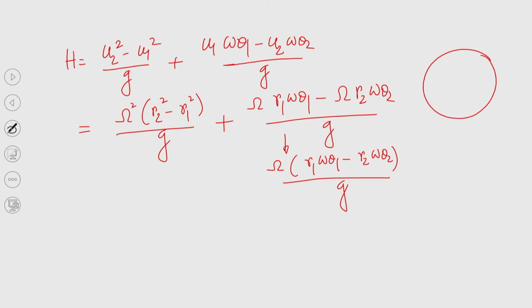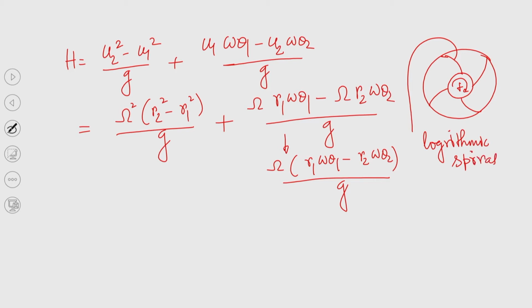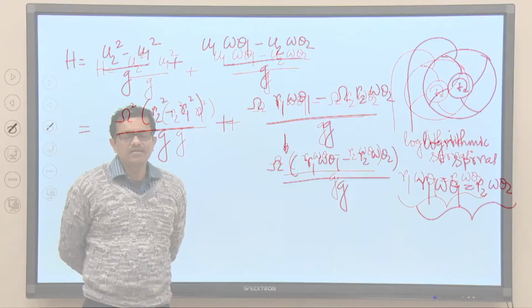Question is, if so for the radial flow pump, if we consider a radial flow pump, and that too if we consider the logarithmic spiral for the blade, then it can be shown that r1 w theta 1 equal to r2 w theta 2, that probably you have learned from the mechanics and machine design courses.